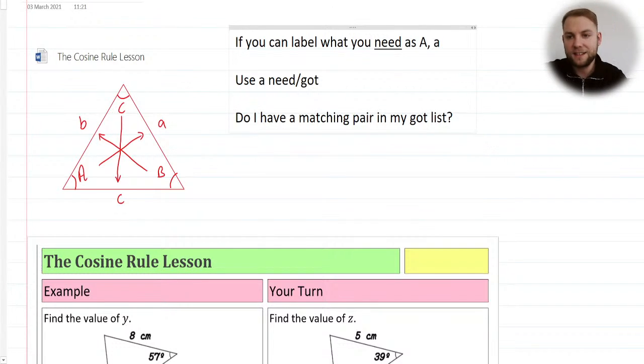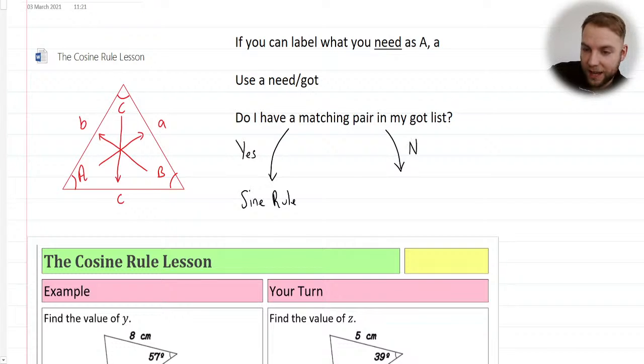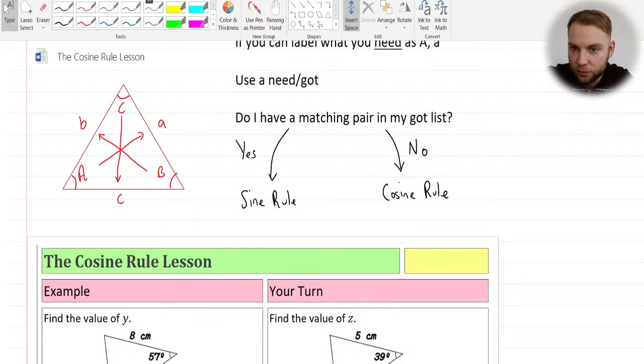And we said that if the answer to this was yes, yesterday, then I use the sine rule. But today, we're looking at this and the answer is no. So if the answer to this is no, then I'm going to be using the cosine rule. So, get all of that down first of all.